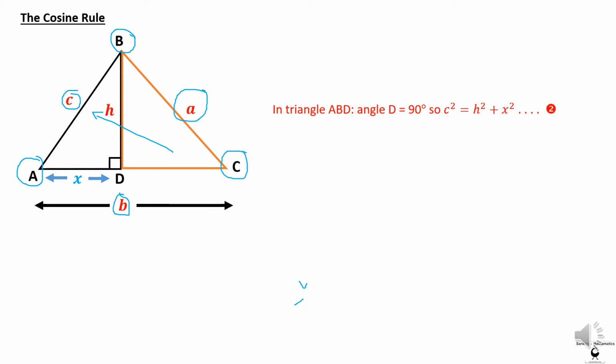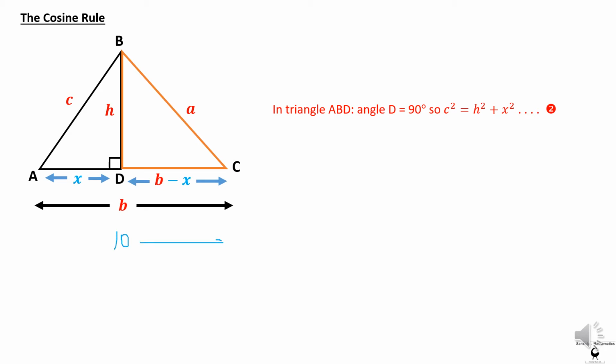Right, so let's bring in some more things to our diagram. What I'm going to bring in now is a distance from D to C. And hopefully you understand something a little bit better. Suppose this distance here is 10. That is the B distance from A to C. And for some reason, let us say this here is 4.